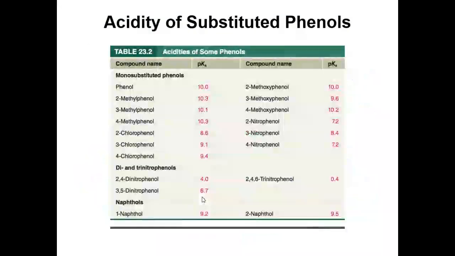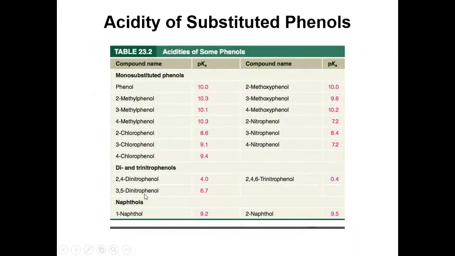And if you have multiple nitro groups, so what you can see is that if I have two nitro groups, the corresponding phenol will be even more acidic, and such an effect will be stronger if both nitro groups are OP to the OH group.